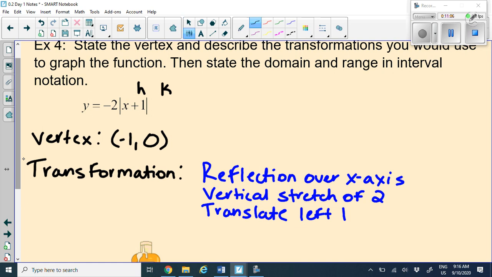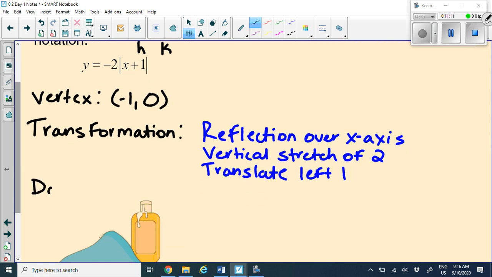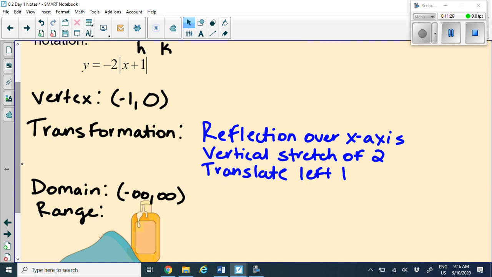Okay, last thing we need to talk about is the domain and the range. Domain should be very easy because for all absolute value functions, no matter what, it is -infinity to +infinity. Now let's think about the range. If you need to, you can actually draw a sketch of this graph if you want to. So we can think of, okay, I can go to -1, right?